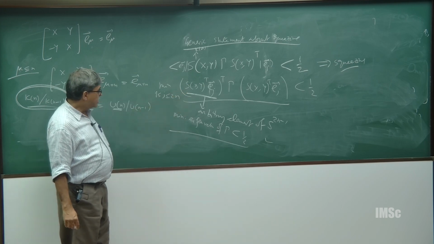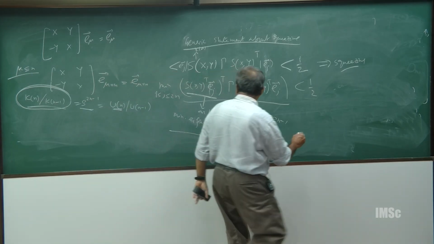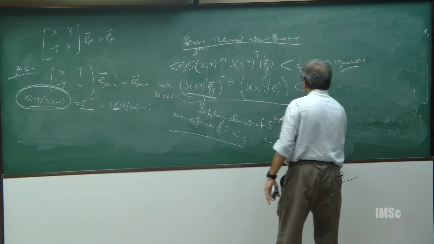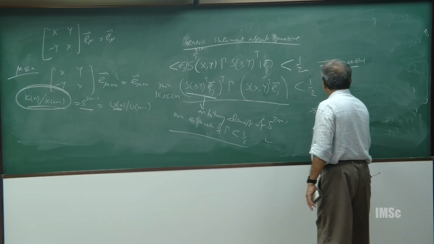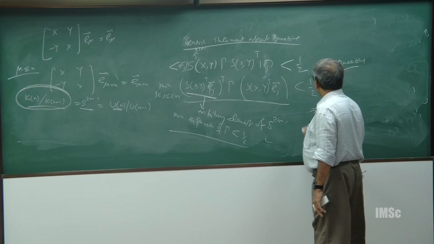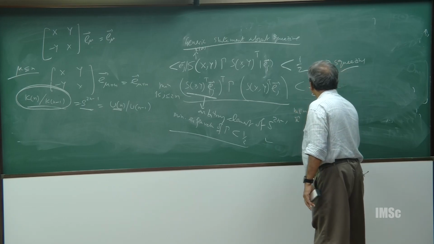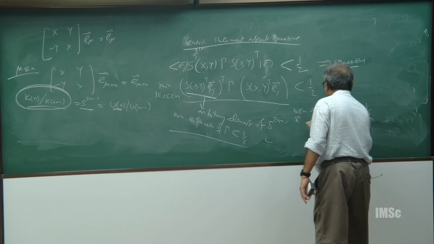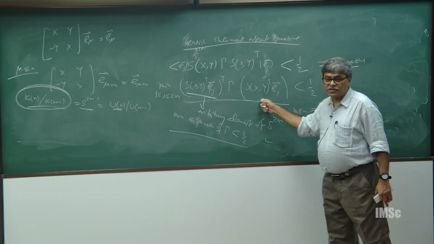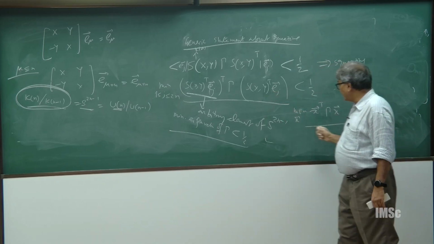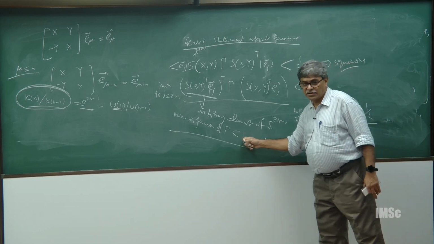what does it mean? It means that I take x transpose gamma x, and then minimum over all such x. If I can prove that this is less than half, then of course this is also true, and that says that the minimum eigenvalue of gamma is less than half, right?